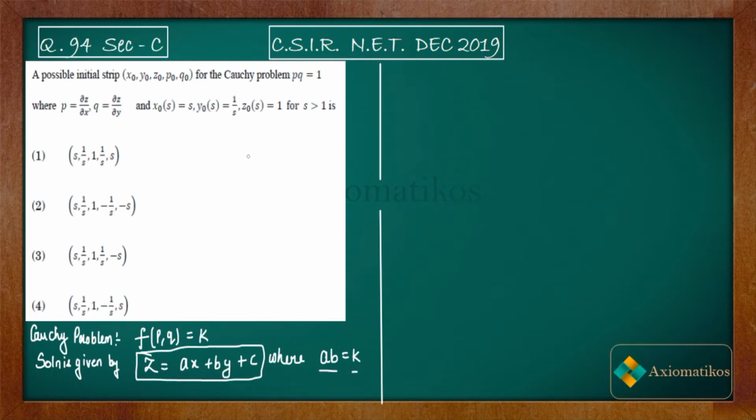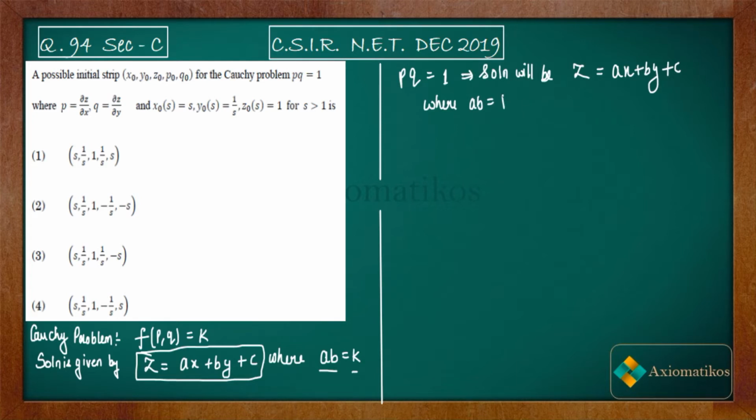So now what is your problem? Your problem is pq equals 1. So in this case, your k is 1. So this will imply the solution will be z equals ax plus by plus c, where ab is 1.